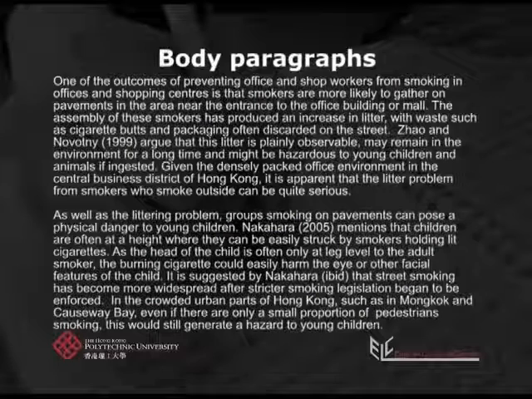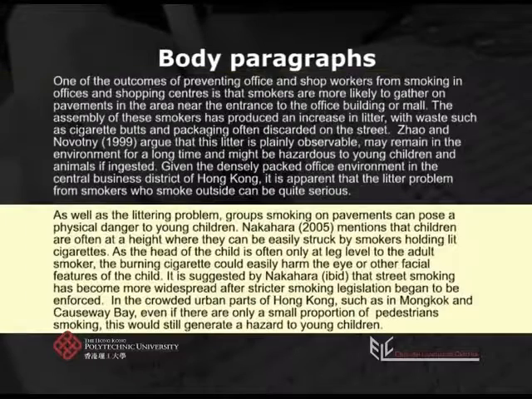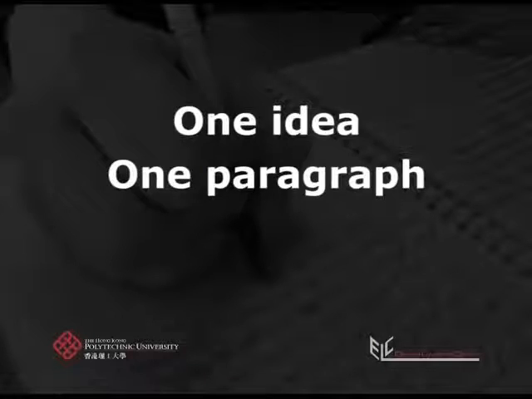Next, we're going to look at a couple of body paragraphs and see how they are structured. These 2 paragraphs focus on 2 problems. First, the littering problem, and second, the danger to children. First, remember that a paragraph should deal in one idea only.